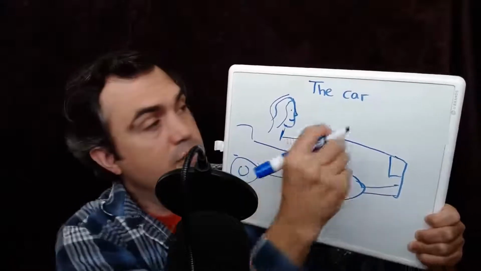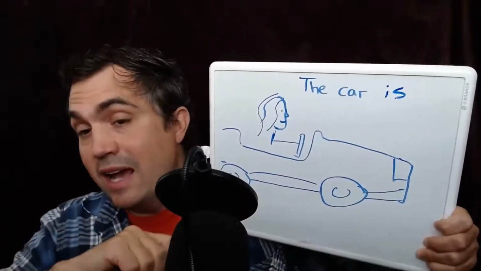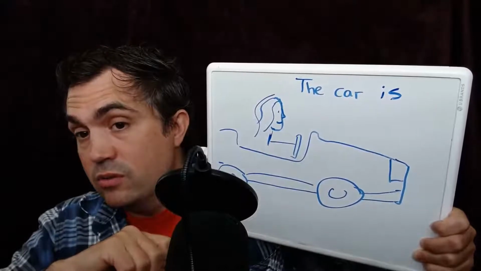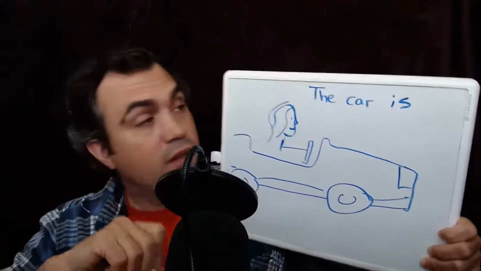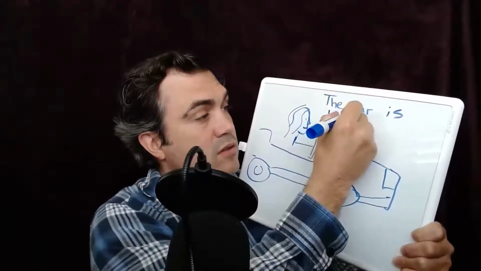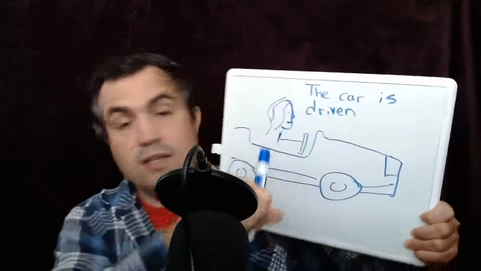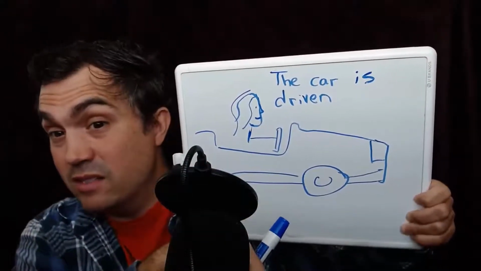The car is, okay. And now we use the past participle. The car is driven. That's the passive voice.